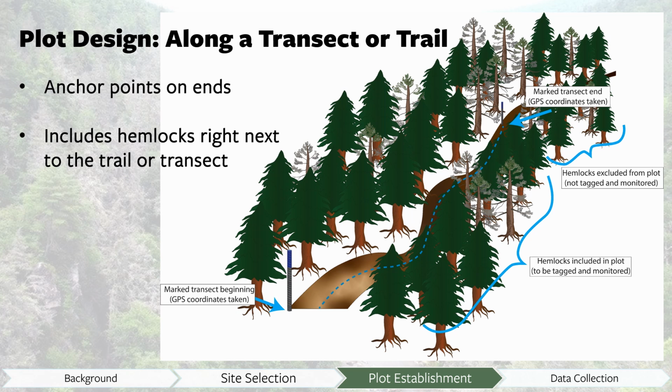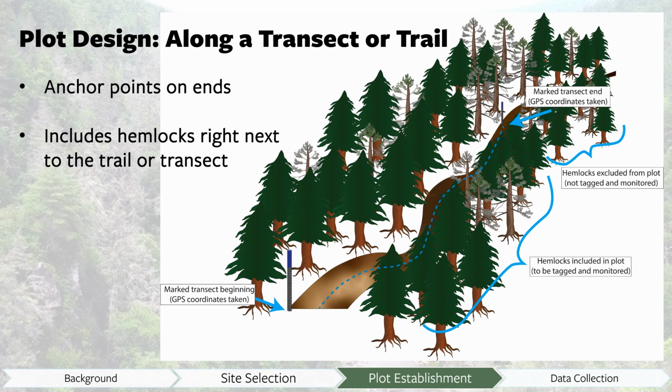Another option might be to anchor your plot along a transect or a trail. Basically, in this example, you would have your anchor points at the ends. So you could mark a first point, then tag each hemlock on either side of the trail until you get to 40, when you would mark your end point.